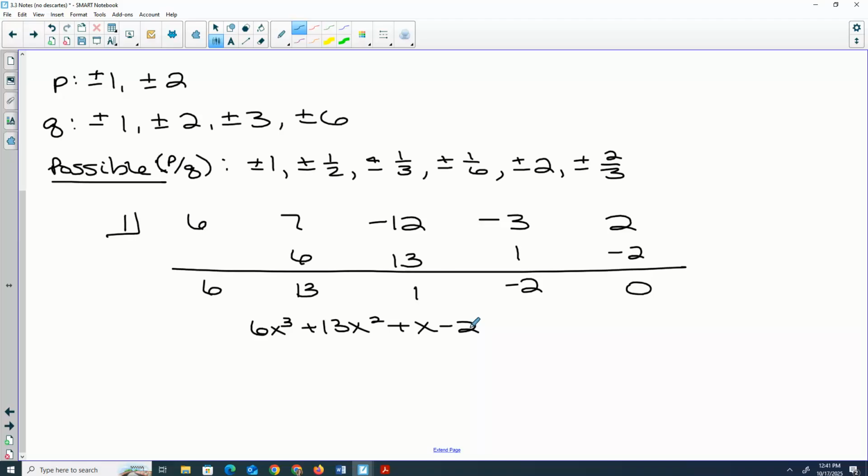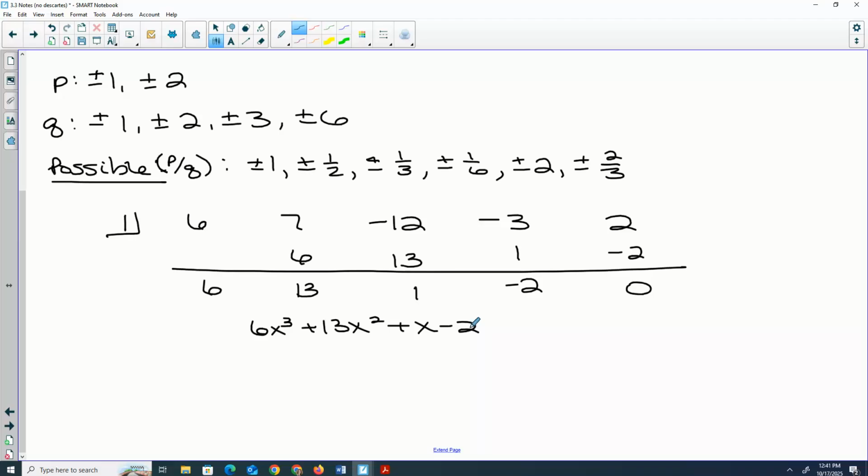Right here. Can I just factor that nicely? No. So what do you think that means? You put the first two together and the last two together. Sometimes that'll work. Does it work on this one?